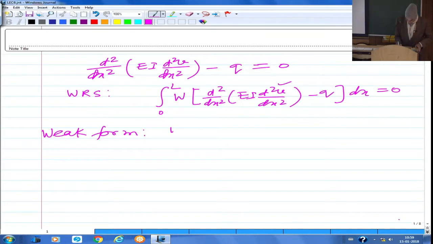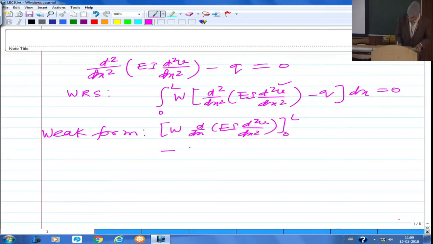First you will get w into d by dx of EI d2v by dx square, from 0 to L. This is one boundary term. Another boundary term would be dw by dx into EI into d2v by dx square. I am directly writing the final form.